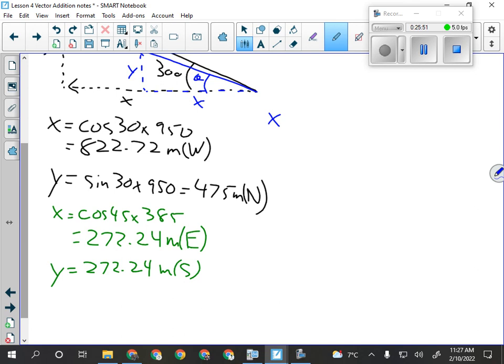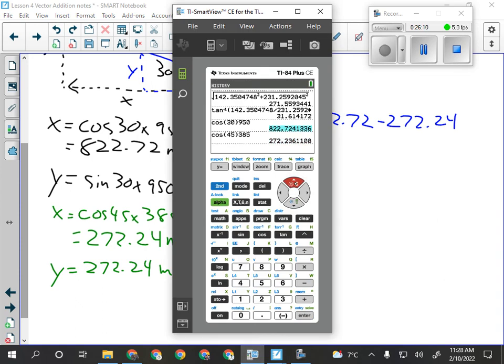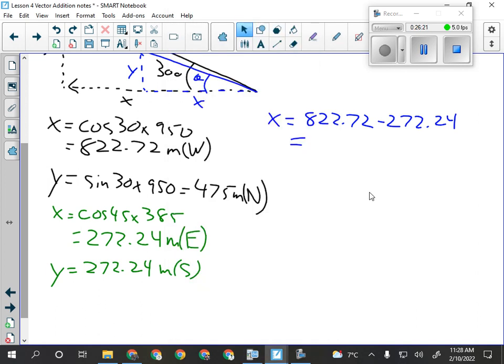Okay, so blue x is going to be 822.72 minus the eastern part, which was 272.24. So 550.49 meters west. And yeah, that's all right.